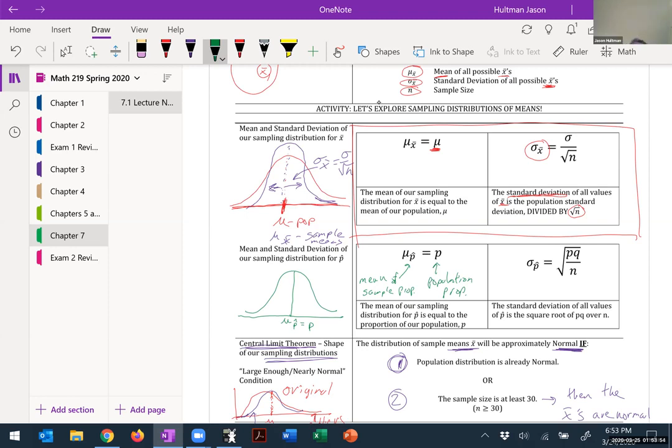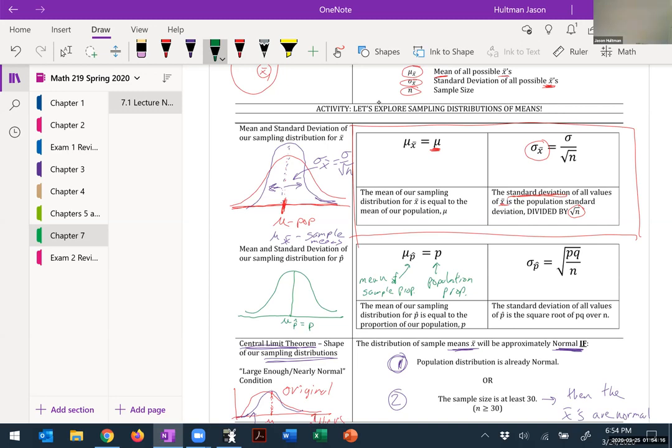But a proportion is a number between 0 and 1, whereas the other one is usually just a positive number. This is a ratio of two values.